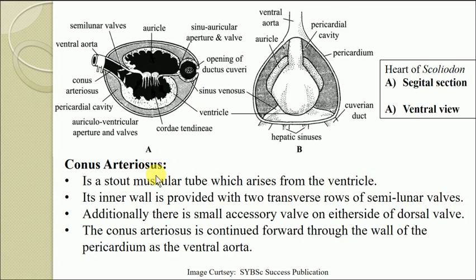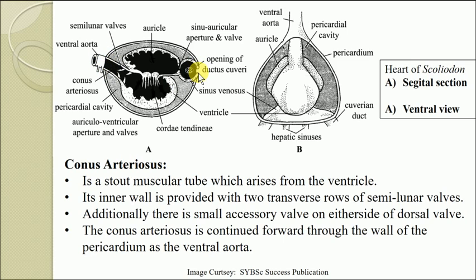Let's see the conus arteriosus first. The conus arteriosus is a stout muscular tube which arises from the ventricle and extends up to the anterior end of the pericardial cavity. This is the anterior end of the pericardial cavity, and this is the posterior end.